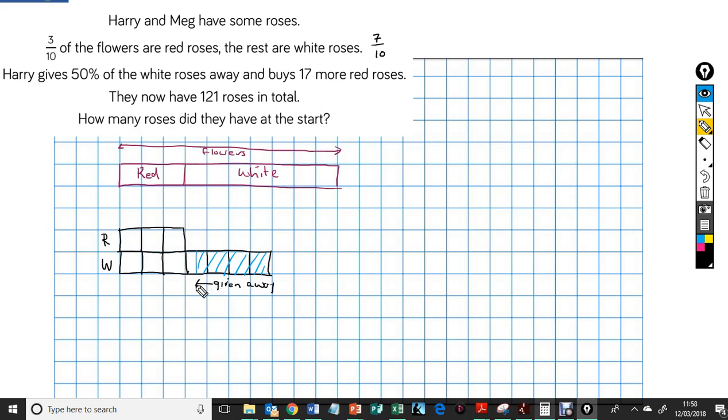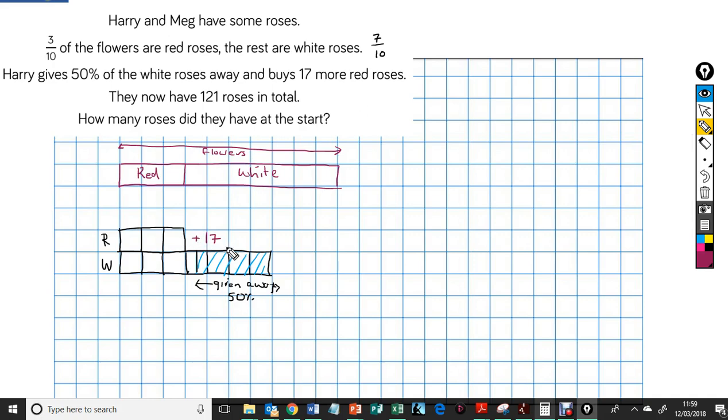It's quite helpful to keep labeling your model as you go along, otherwise you can forget what's going on. So it's really important. All right, so 50% of the white roses is given away. But we also add 17 red roses. Okay, so I'm going to add 17 here.